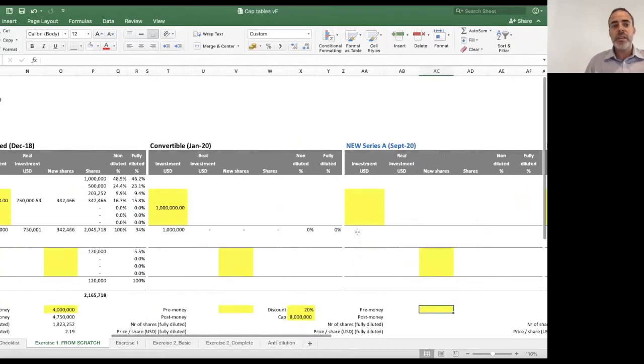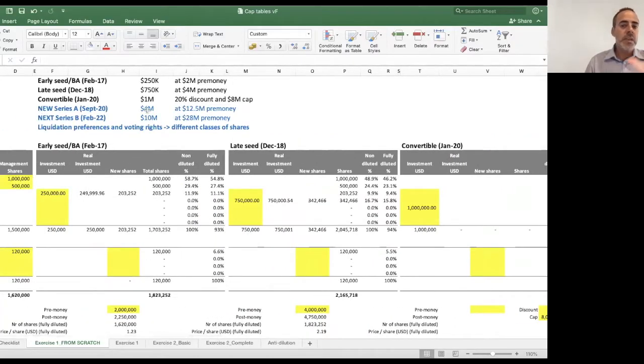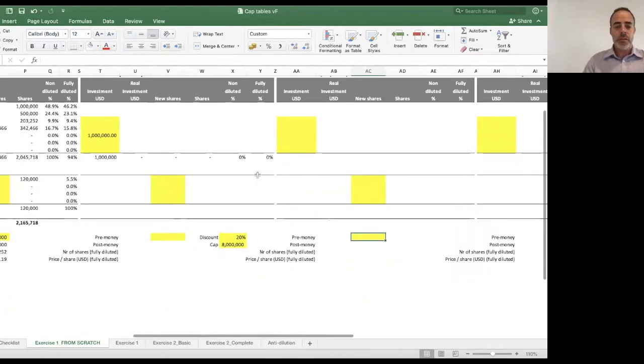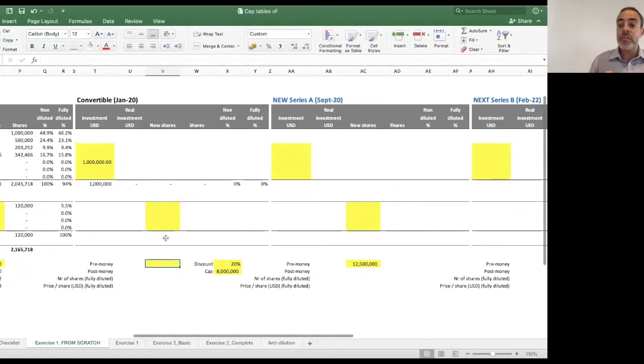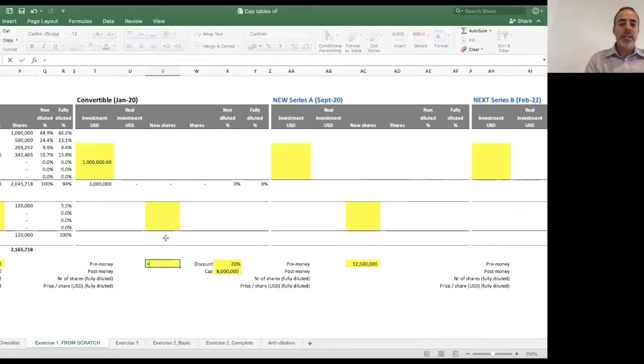So the Series A, I'm estimating the Series A to be at 12.5 million valuation. Okay, which means that the loan of the convertible loan will convert in a number of shares based on a 20% discount on the 12.5 million pre-money or 8 million cap, which means that I put the smaller amount.